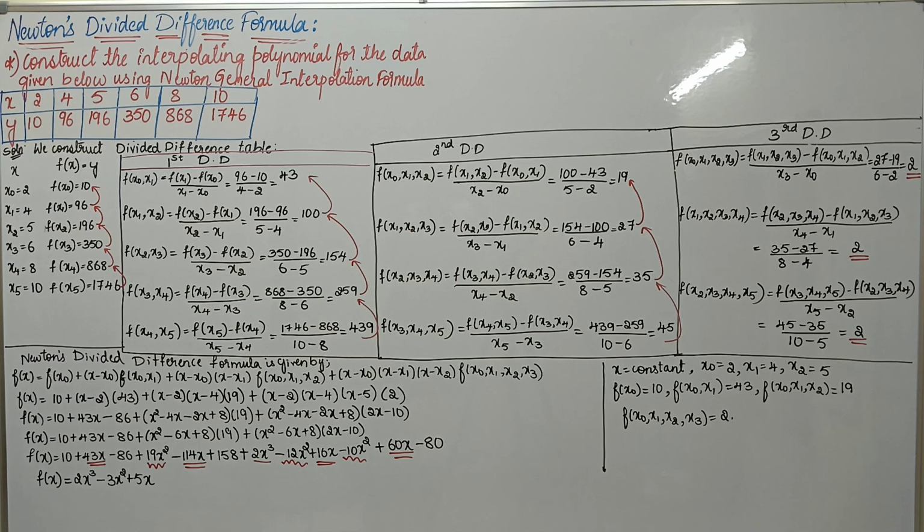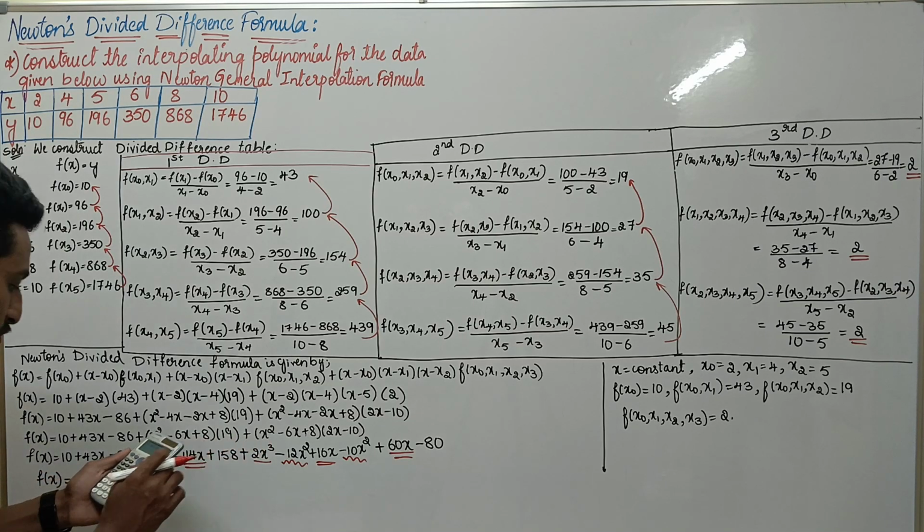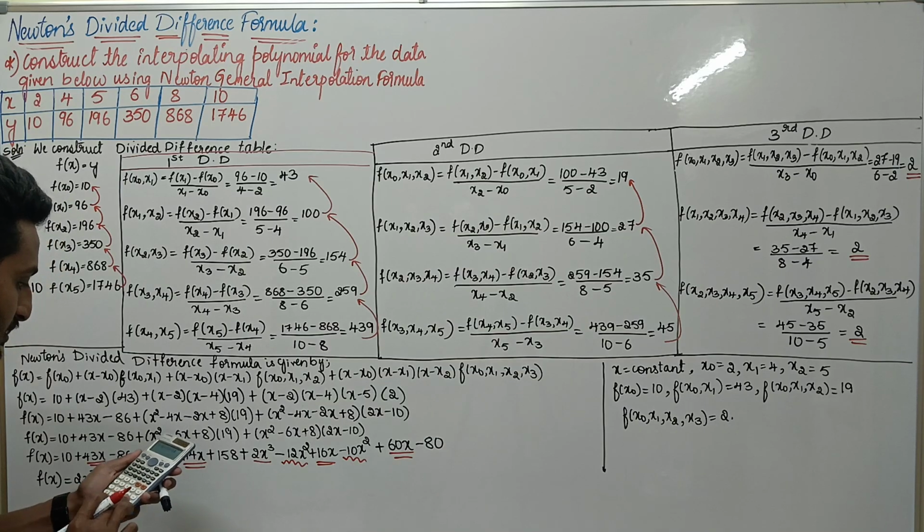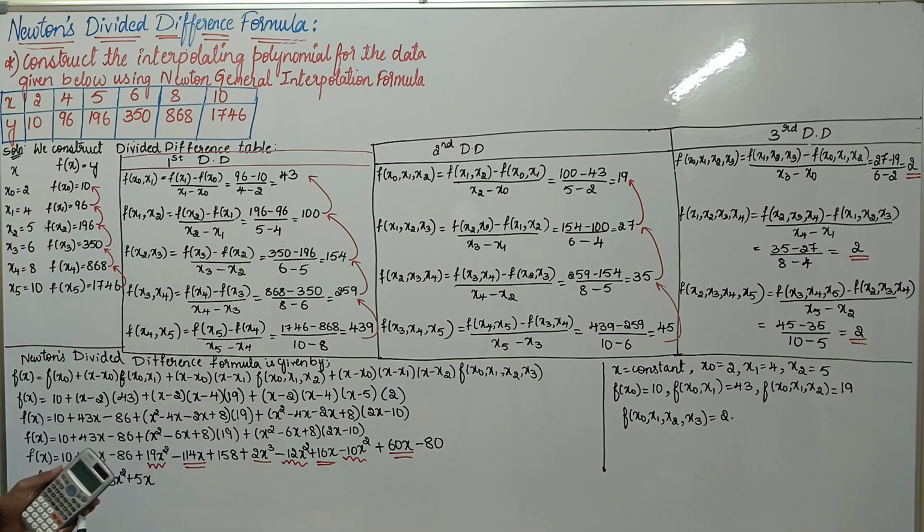Now the last, the constant term. Just add the constants, that is 10, minus 86, next I have plus 158, next I have minus 80. Let us add again, 10 minus 86 plus 158 minus 80.